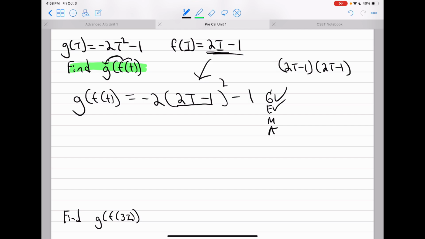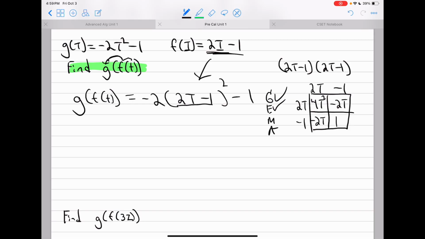Remember, that does not equal 2t squared minus 1. That means I have to do the area model. 2t minus 1, 2t minus 1. 4t squared is there, negative 2t is here, negative 2t is here, and positive 1.